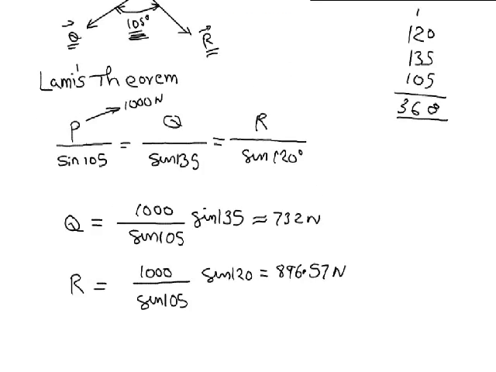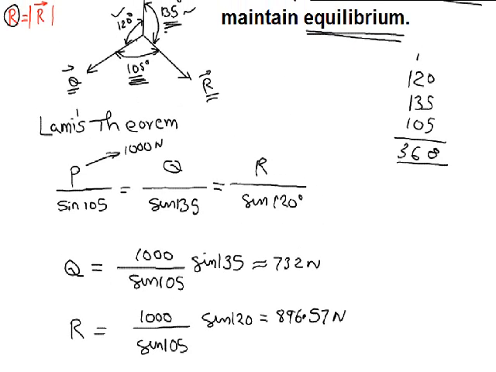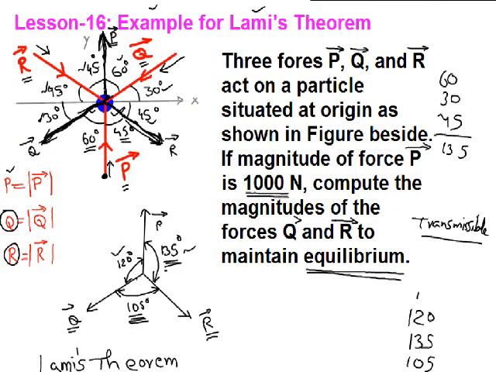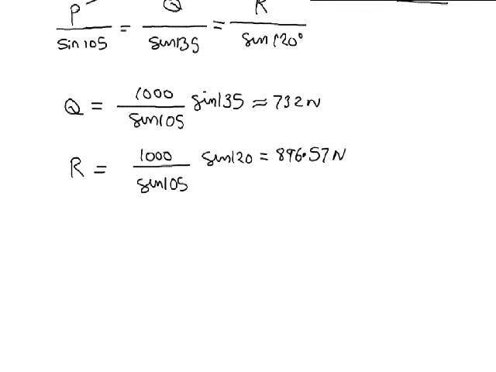So if the forces P, Q, R need to maintain the particle in equilibrium, you need to have magnitude of Q as 732 and R to be 896.57.